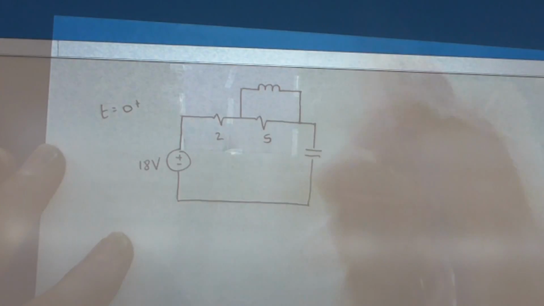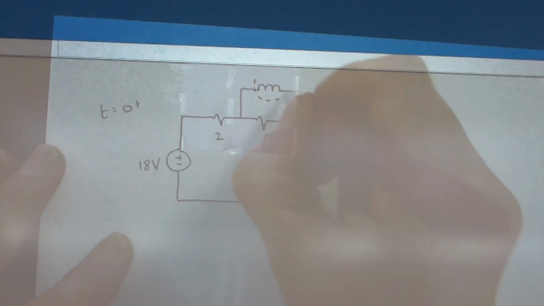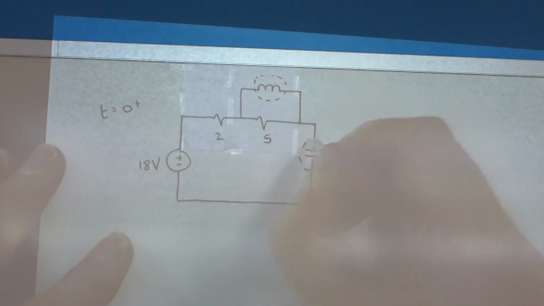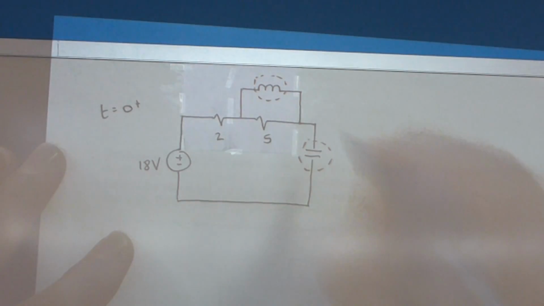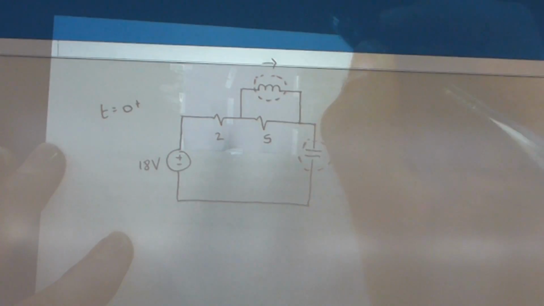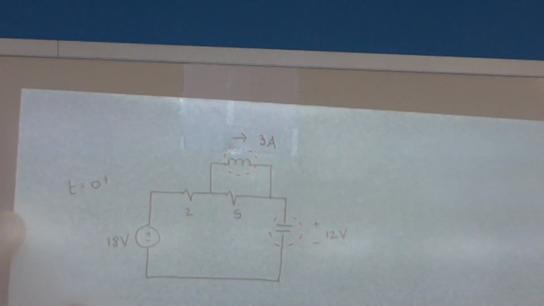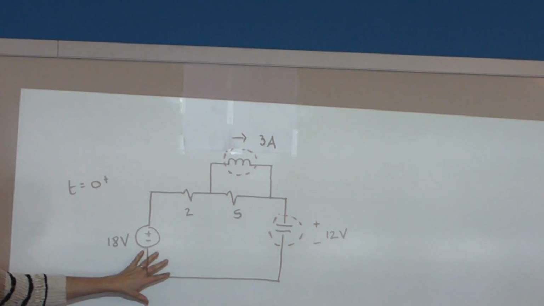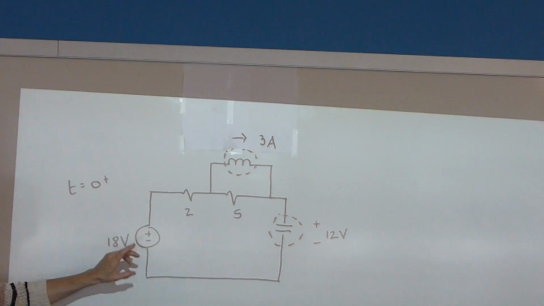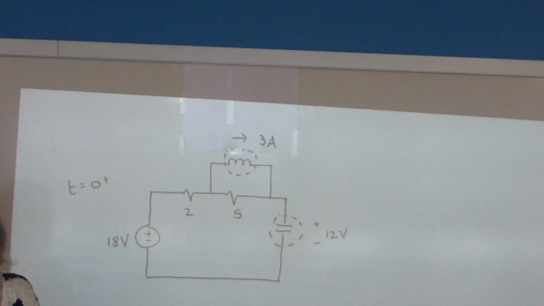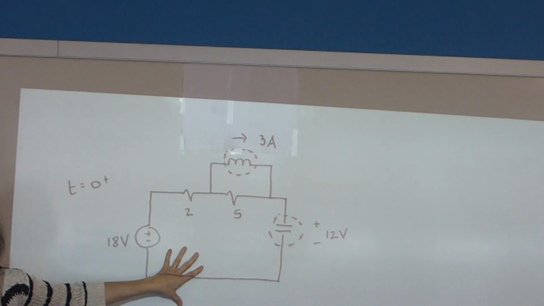And now I'm going to draw this here and this here, because I already know some things. I know that this is 12 volts, and I know that this is 3 amps. So in the instant at t equals 0 plus, before these start changing, now I have something that I can solve.